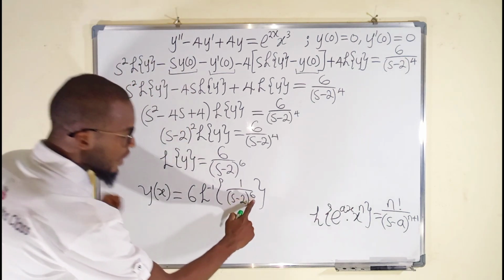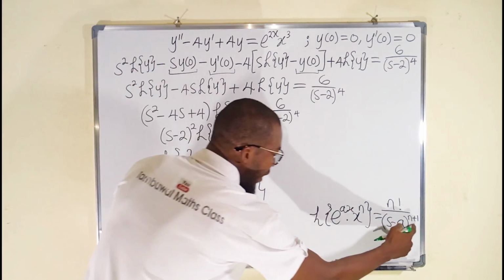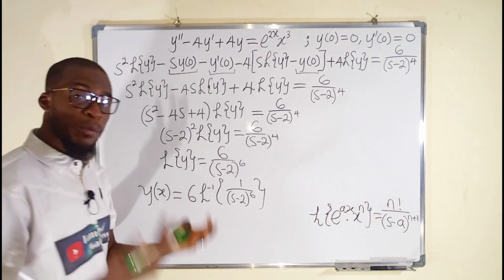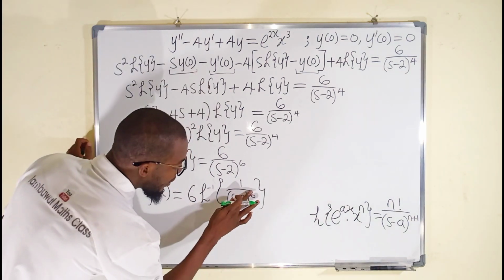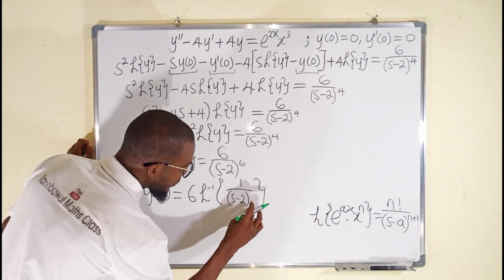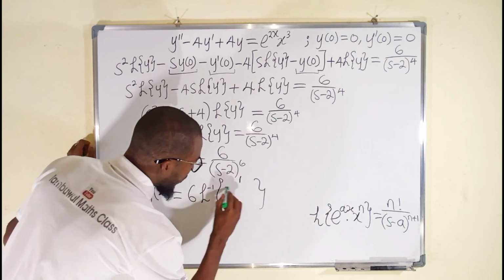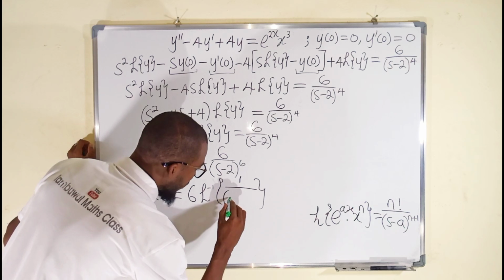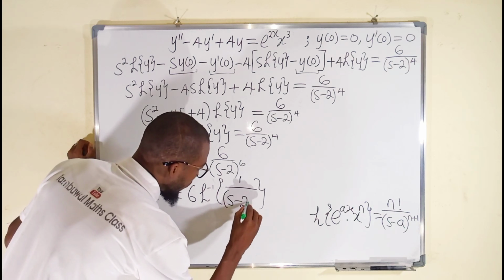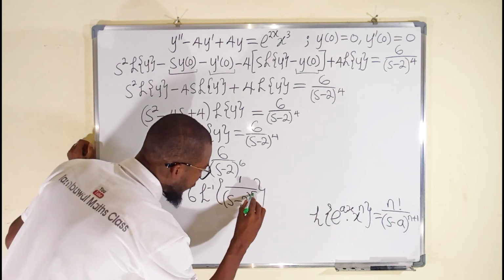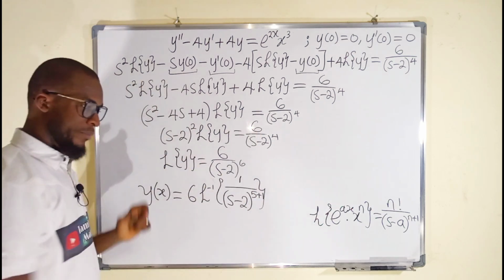So we can relate this power of 6 with n plus 1, which is the same thing as 5 plus 1. So we can write this one as 1 divided by (s minus 2) to the power of 5 plus 1.